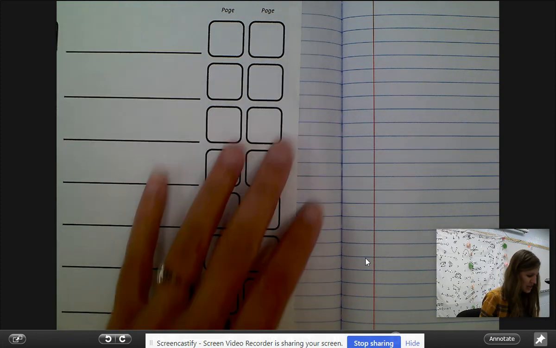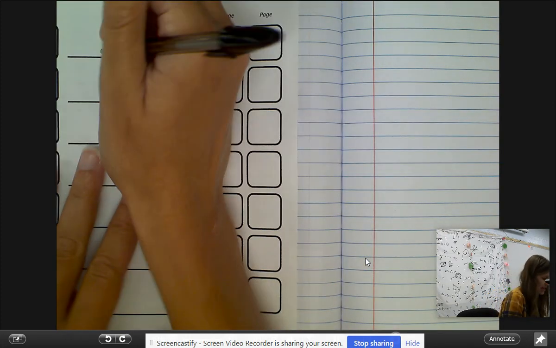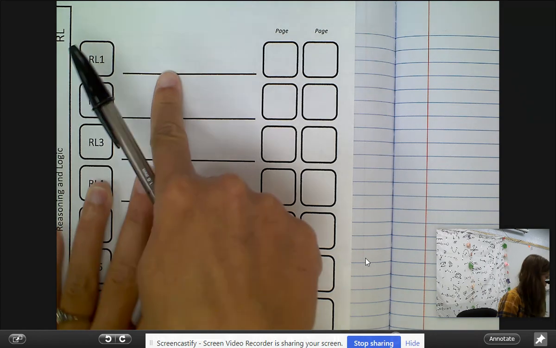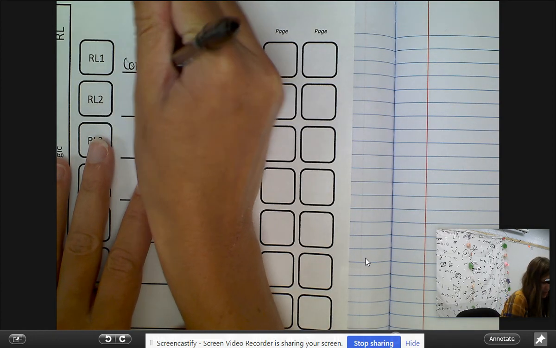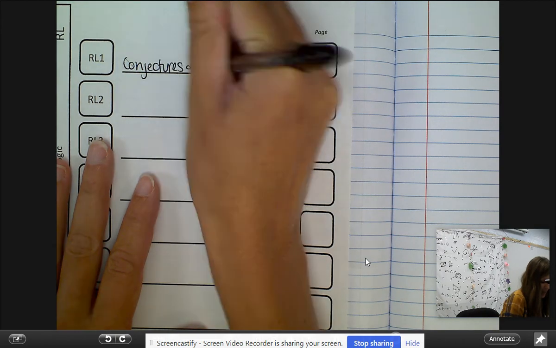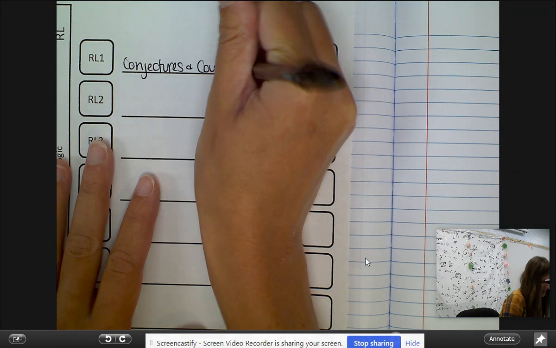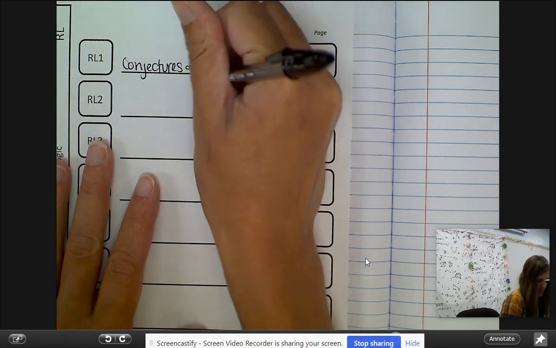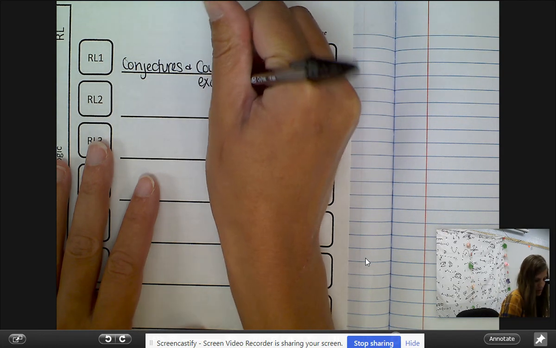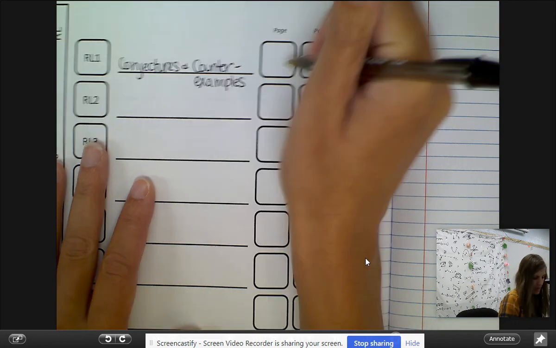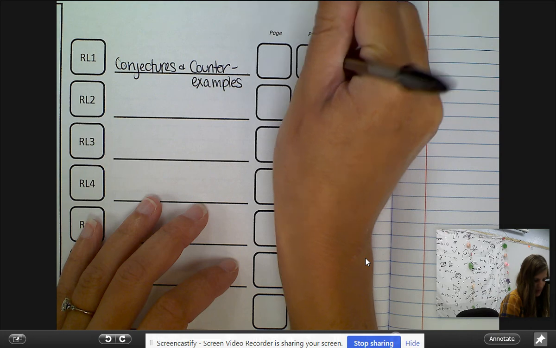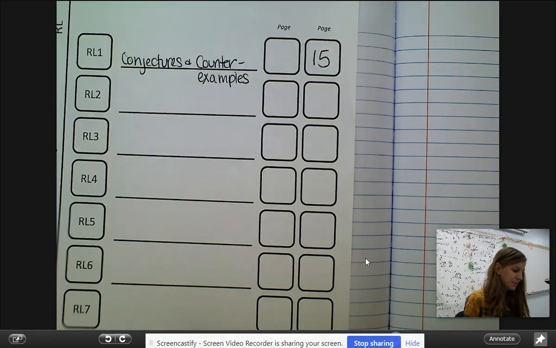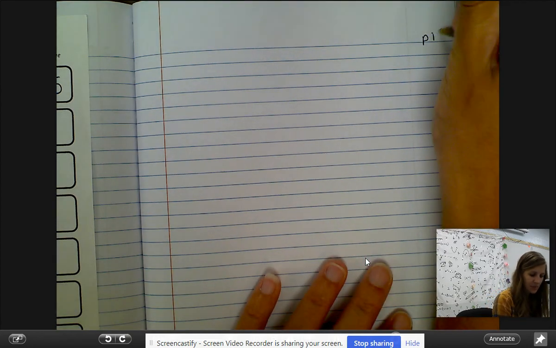So we're going to be talking a lot about logic. And the first page that we're going to do today, we're going to put in our table of contents right here. We are going to talk about conjectures and counterexamples, which we talked about counterexamples in class today. So we're just going to do this on page 15 because I don't know that we need another page for it. Right across from that, we're going to call this page 15.